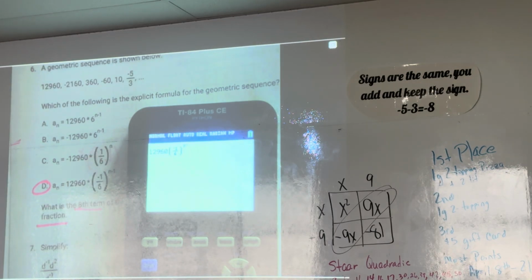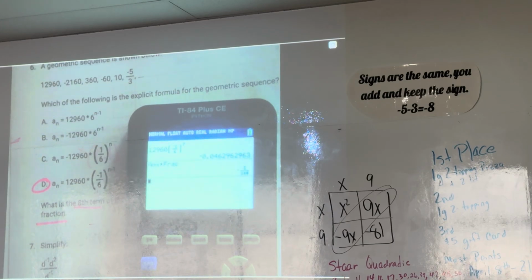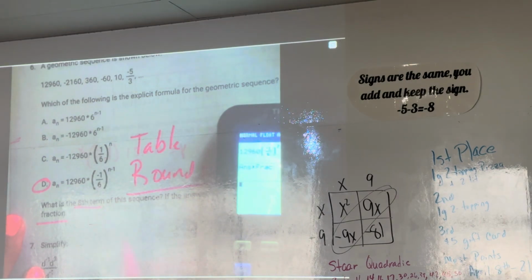Okay, did y'all get a fraction? No. What can we put to get a fraction? Math, enter, enter. So underneath alpha is math, and enter, enter. Do we get a fraction now? Yes. So our answer is negative 5 over 108.